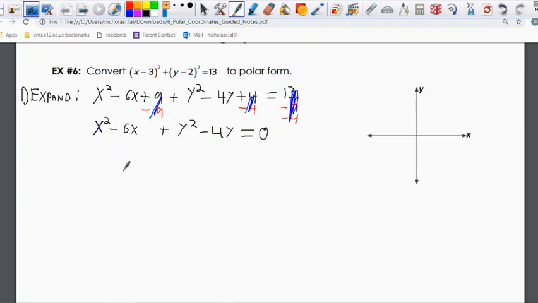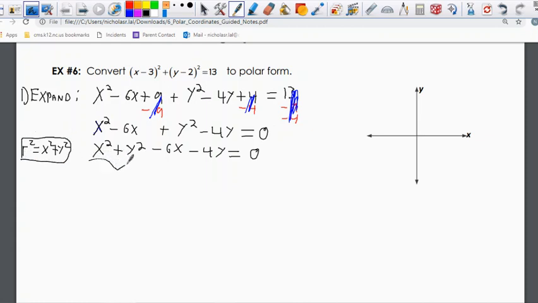We will then rearrange this, so x squared plus y squared minus 6x minus 4y is equal to 0. Remember, x squared plus y squared, we have a polar conversion that r squared is equal to x squared plus y squared, right? That's our polar conversion formula.